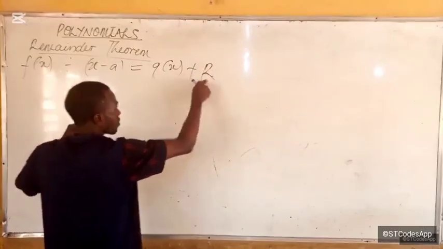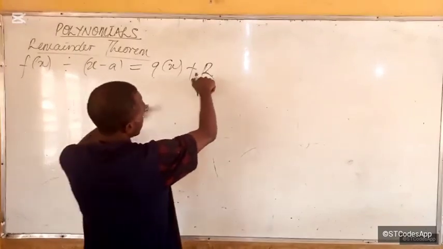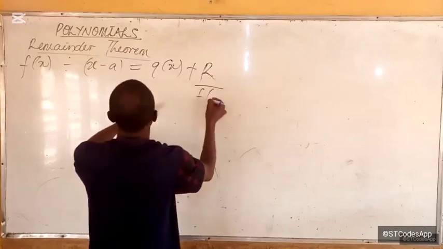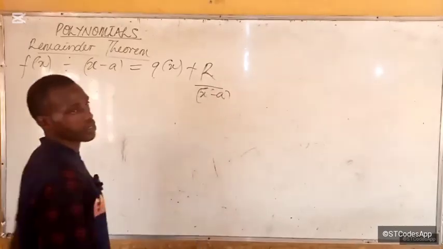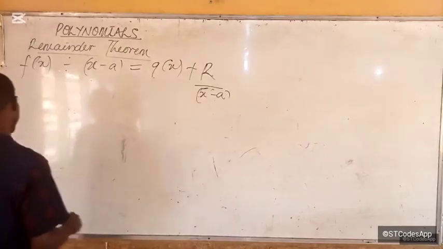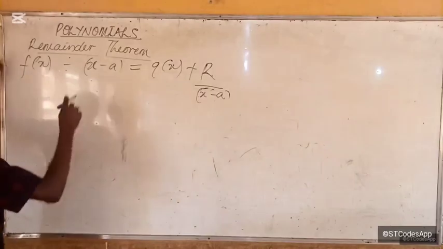which could be a constant or another smaller polynomial, still divided by our x minus a. You understand? That is the remainder theorem.